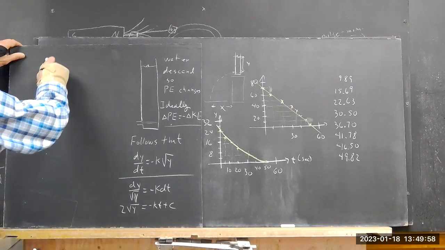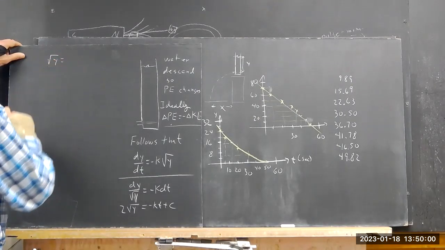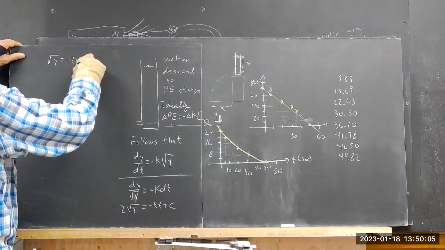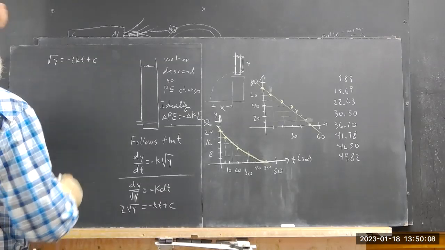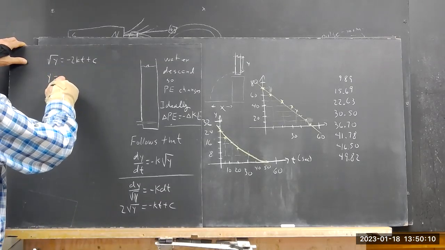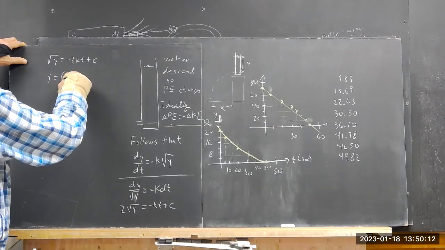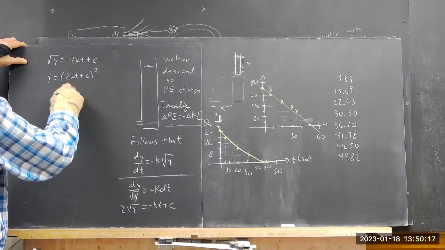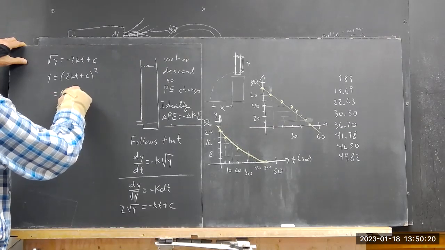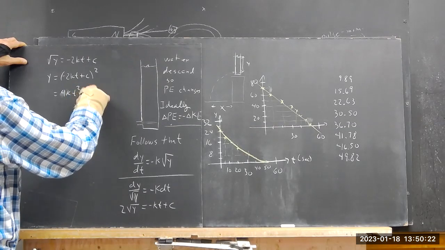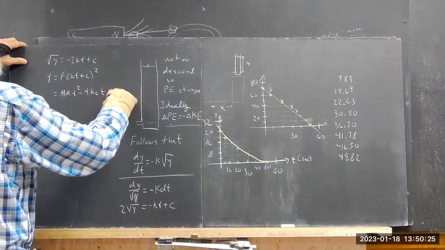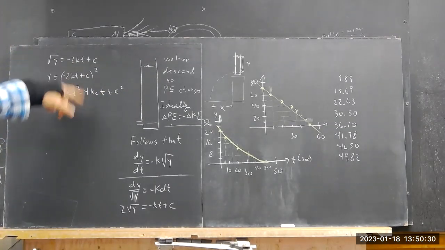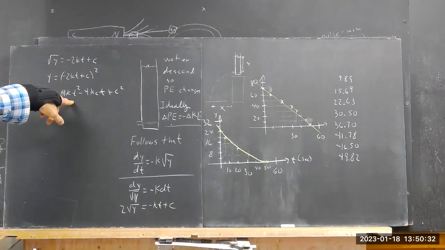Square root of y is this, so when you square it, you get a quadratic.